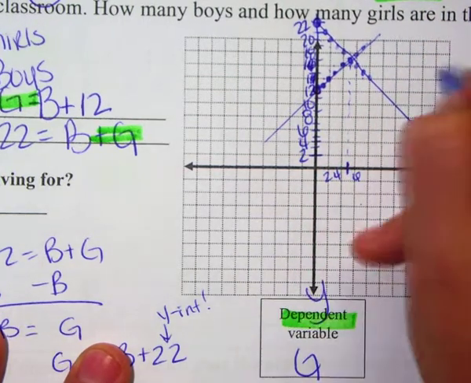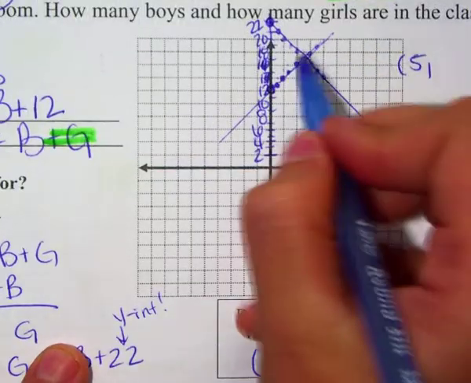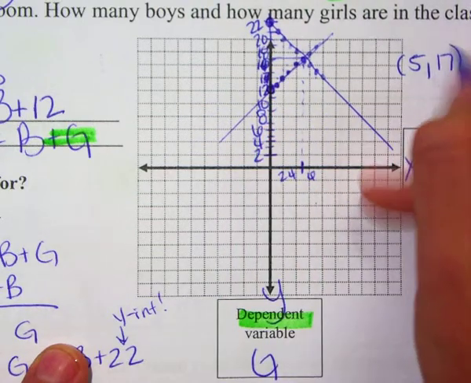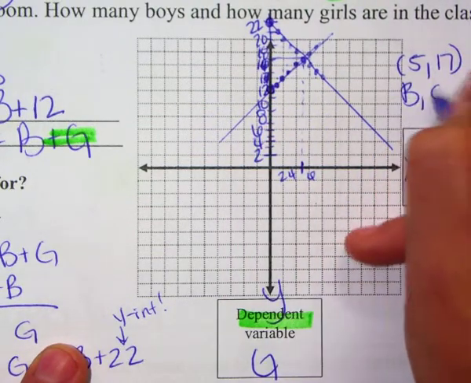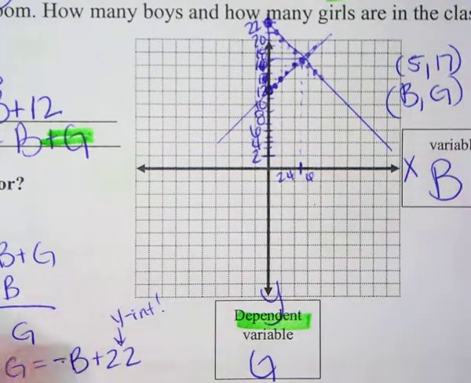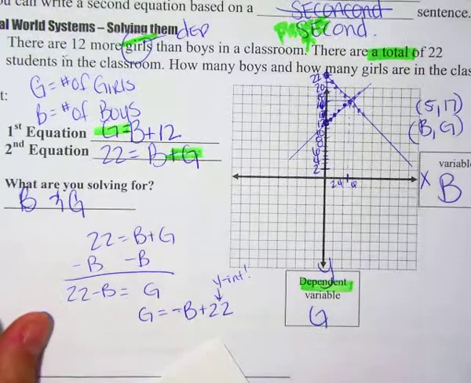So this is at 5. And then it's at 16, 18, so 17. Again, this is B, comma G. So there are 5 boys and 17 girls. To see a complete solution, go ahead and check out the answer key.